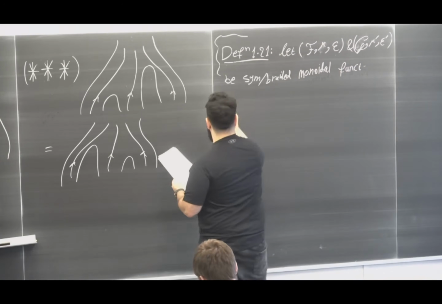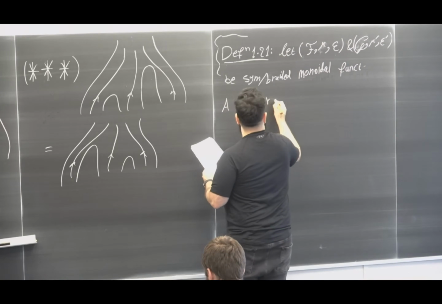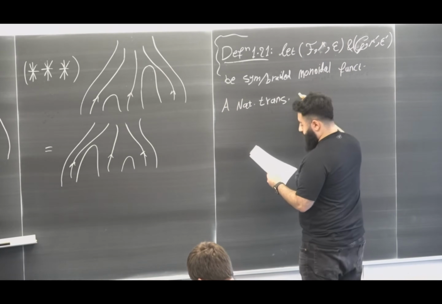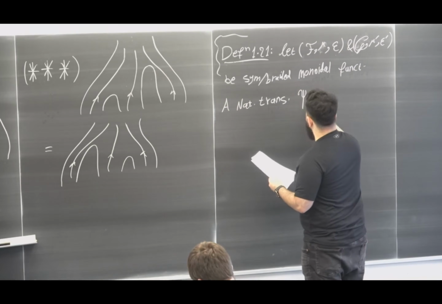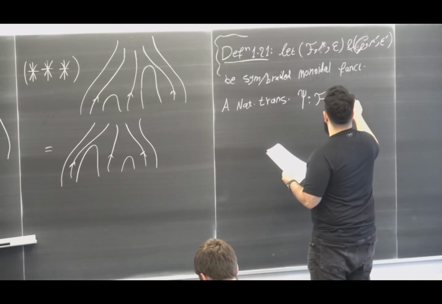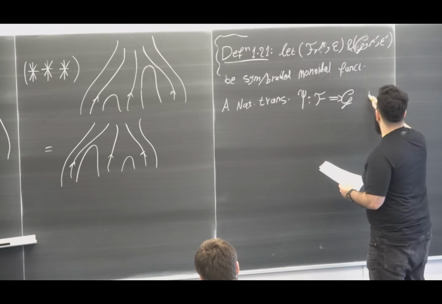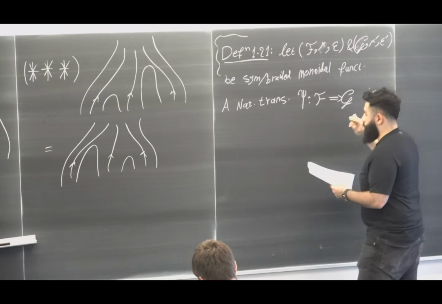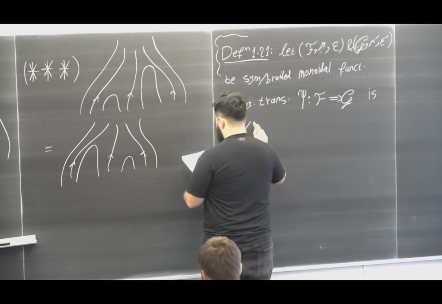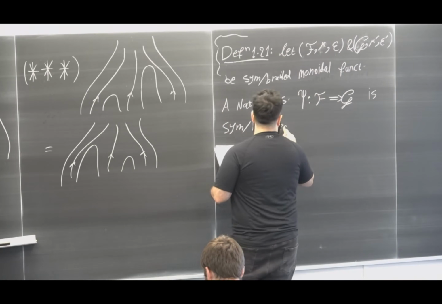So now, a natural transformation psi going from F to G is called symmetric or braided monoidal.